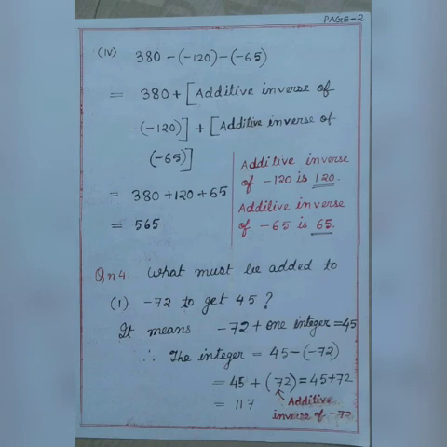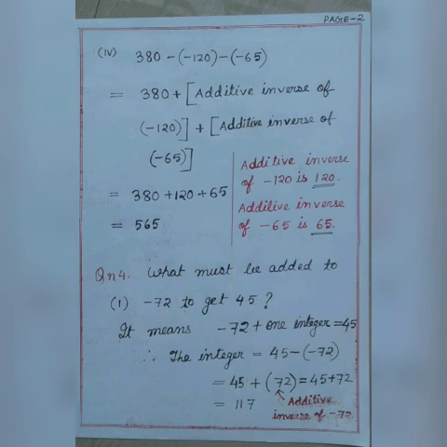Additive inverse of minus 120 is 120 and additive inverse of minus 65 is 65. Therefore, 380 minus 120 minus 65 is equal to 380 plus 120 plus 65, which is equal to 565.